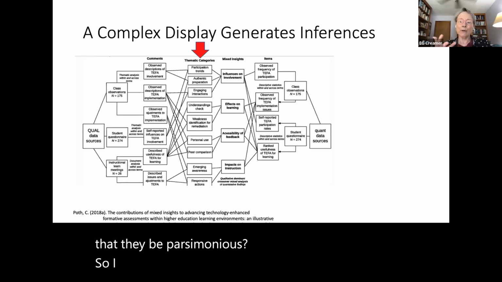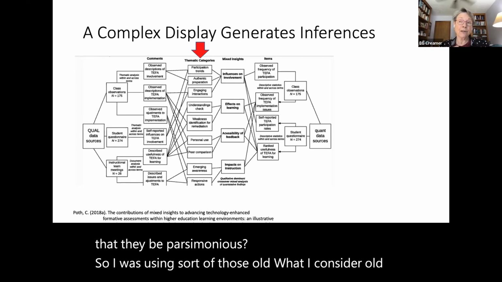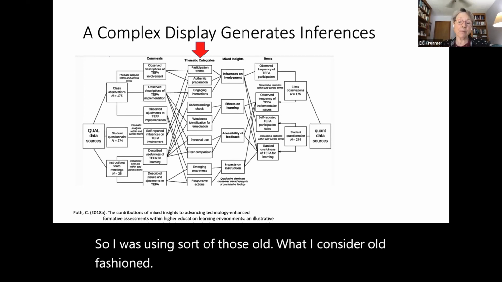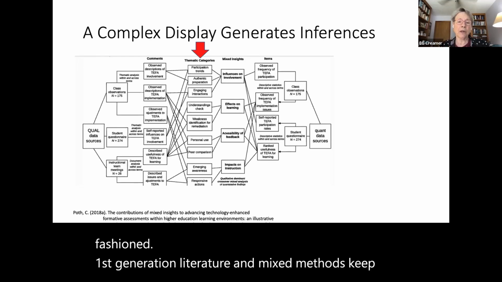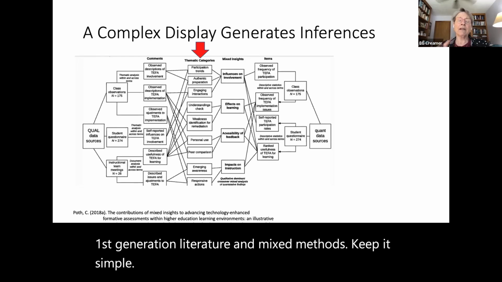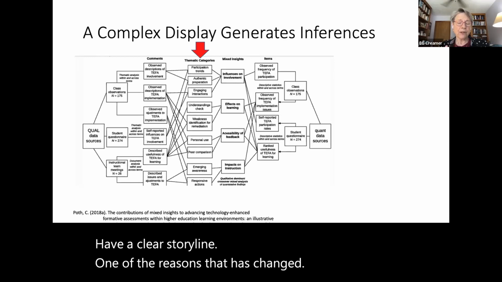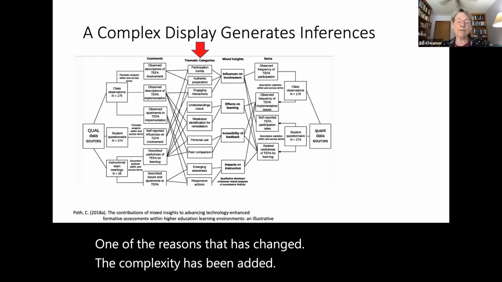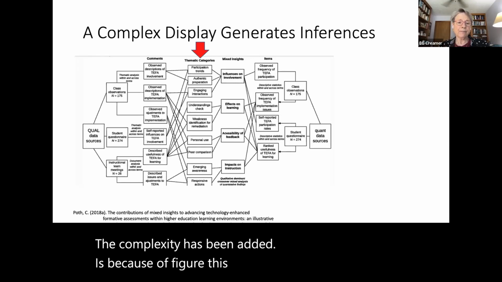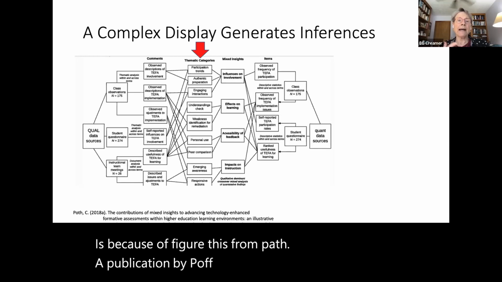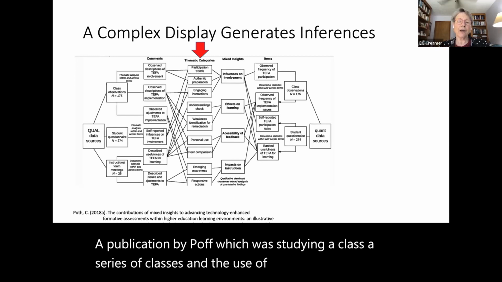So I was using sort of those what I consider old-fashioned first generation literature and mixed methods. Keep it simple. Have a clear storyline. One of the reasons that the complexity has been added is because a figure like this from POF, a publication by POF, which was studying a series of classes and the use of technology.